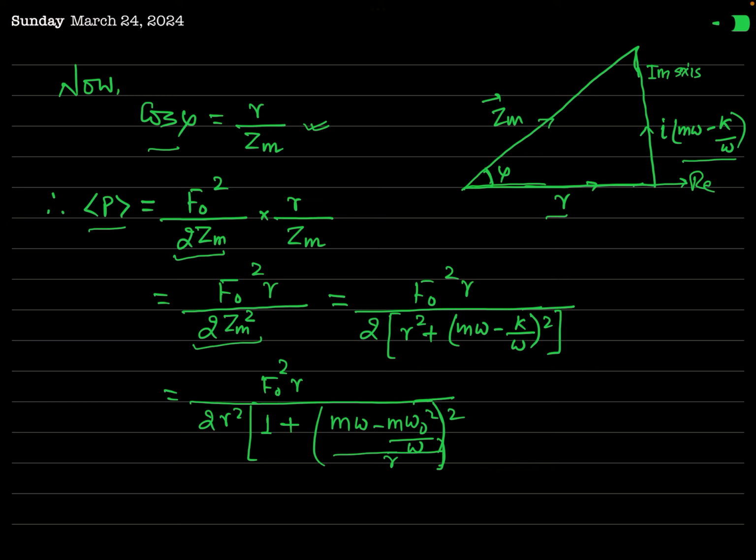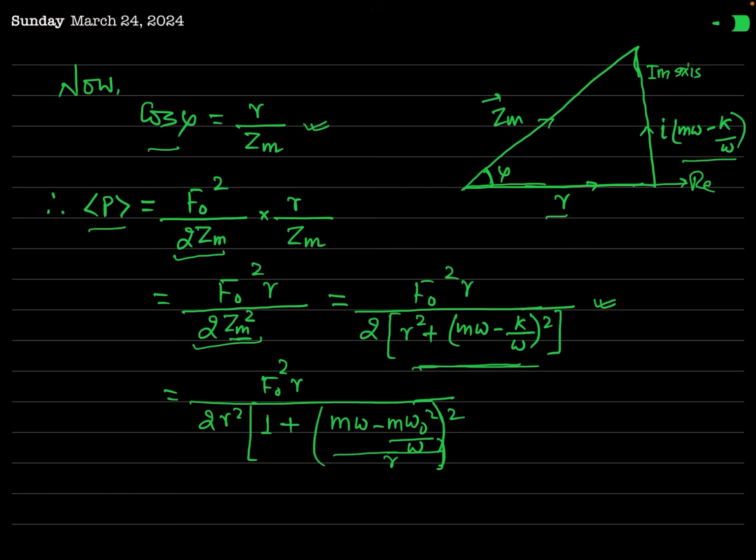It is given by R square plus m omega minus k over omega whole square, whole to the power half. But here there is Zm square, so I have not written the power half, because after squaring that half power will cancel out. So the average power is given by F naught square times R over 2 times R square plus m omega minus k over omega whole square.